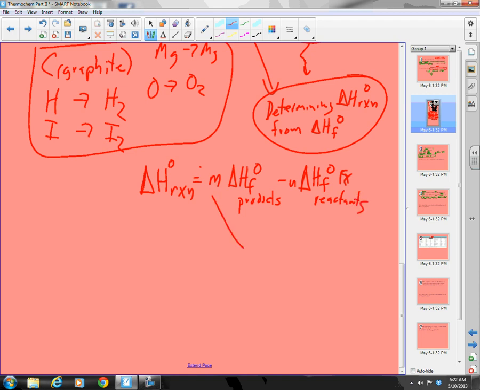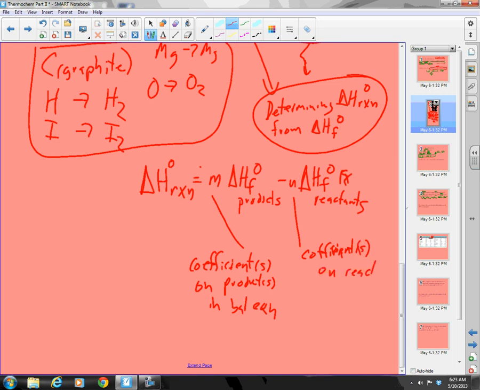Good. And what are m and n? m is the coefficients on my product or products in the balanced equation. And n is the coefficient, or coefficients, on my reactant or reactants in the balanced equation. That equals my standard heat of reaction. That's all there is to it.